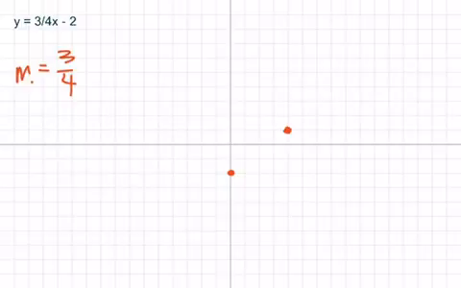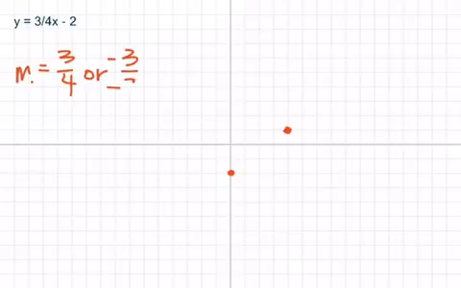Not only can I say +3 over +4, what else can I say? That's right, -3 over -4. Why is -3 over -4 equivalent to +3 over +4? You got it.